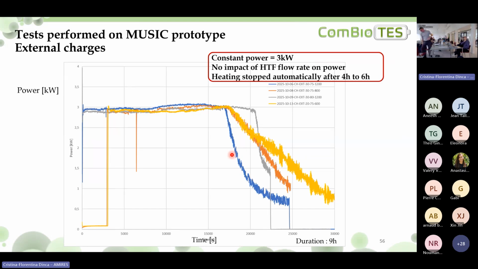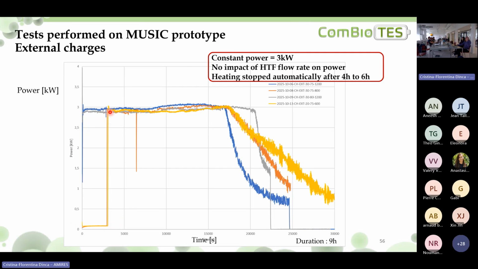Actually, I made a mistake when I presented this slide, and I said that for all the tests performed with 75 degrees, the duration of the charge was the same. Actually, with the orange and yellow ones, at 800 kilograms per hour and 600 kilograms per hour, we started recording things before we started the charge.